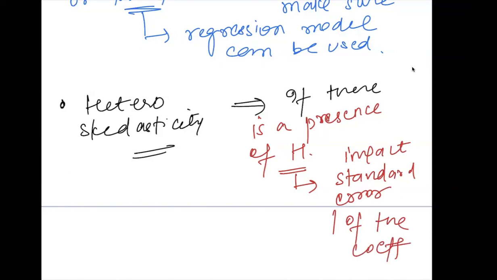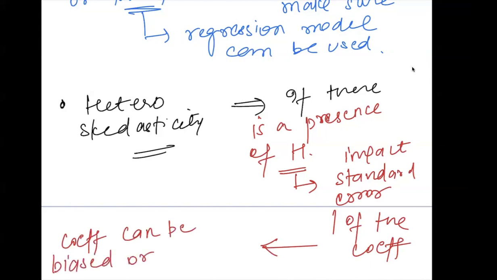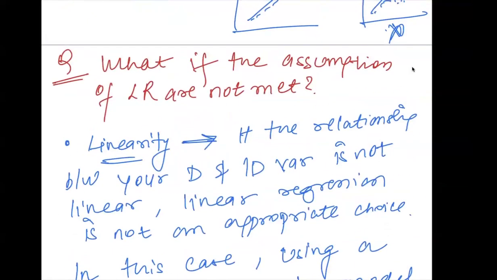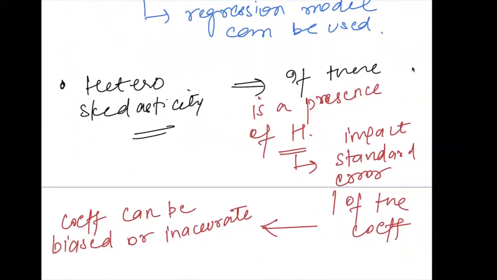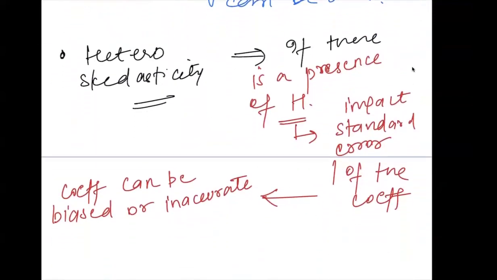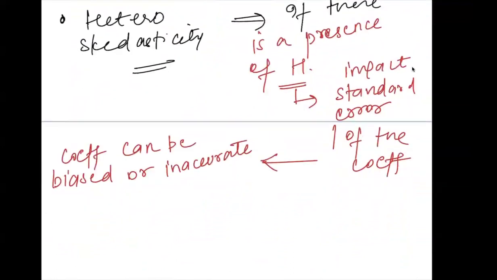And because of which the coefficients that we are getting can be biased or inaccurate. So this is what will happen if we see the presence of heteroscedasticity.